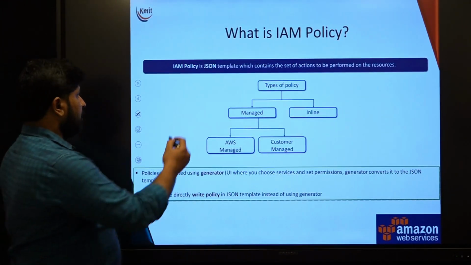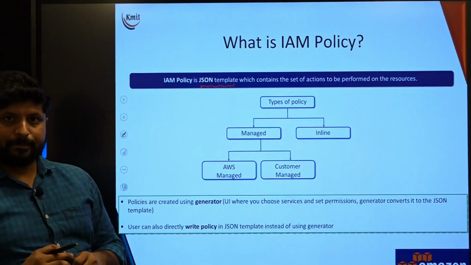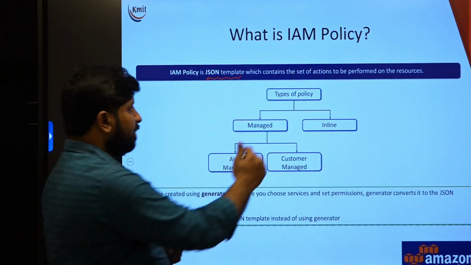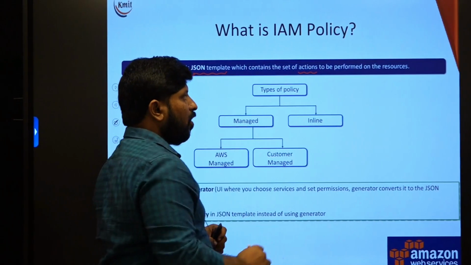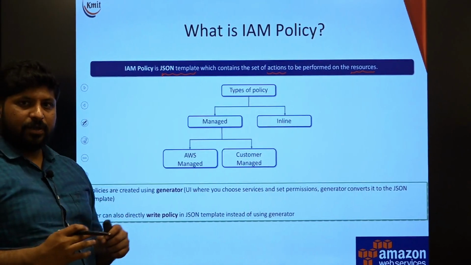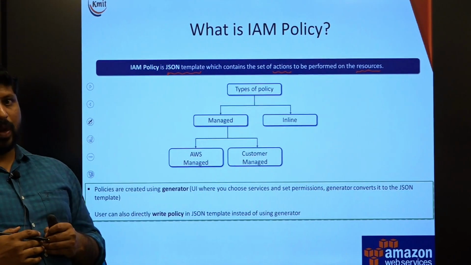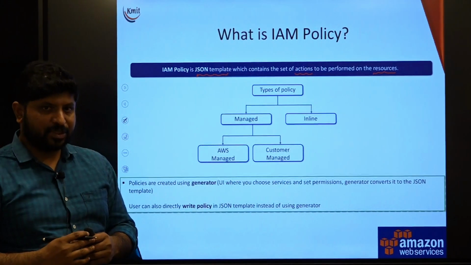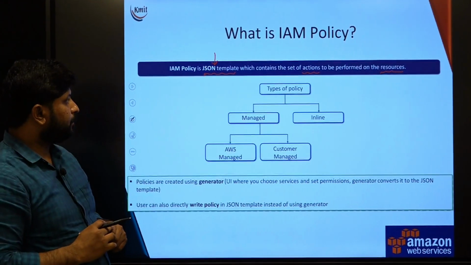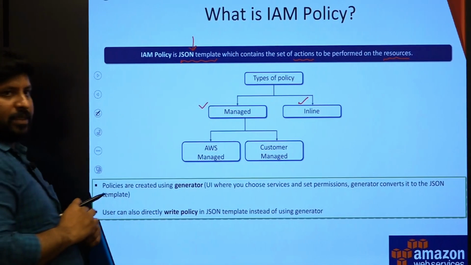Basically, an IAM policy will be in a JSON template, where you can write the JSON code to set various actions to be performed by various resources. Which particular resource has to perform which particular action needs to be given through a policy, which is said to be a permission. It will be in a JSON template, and there are managed and inline policies.